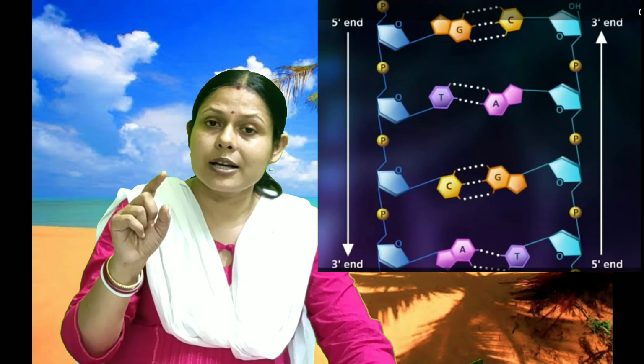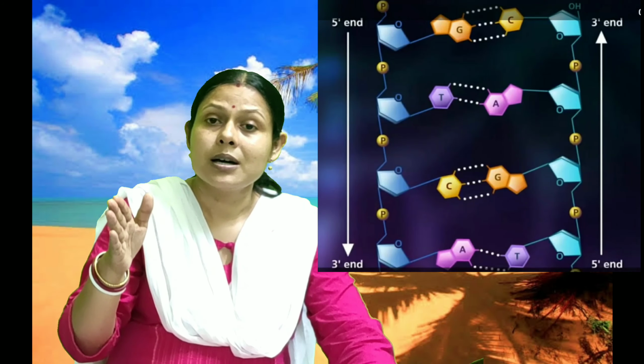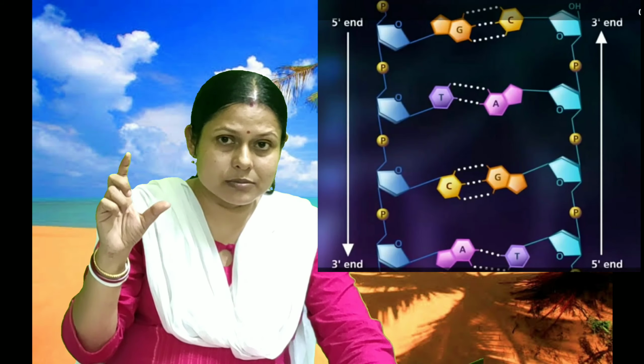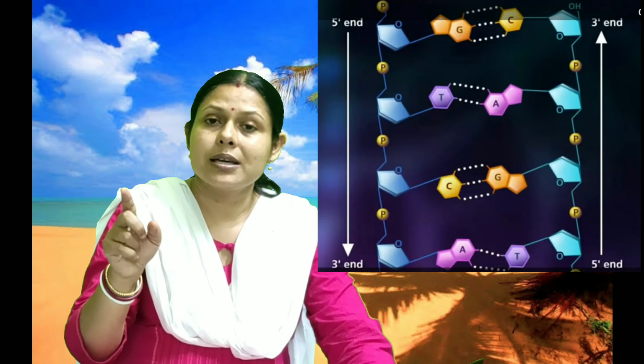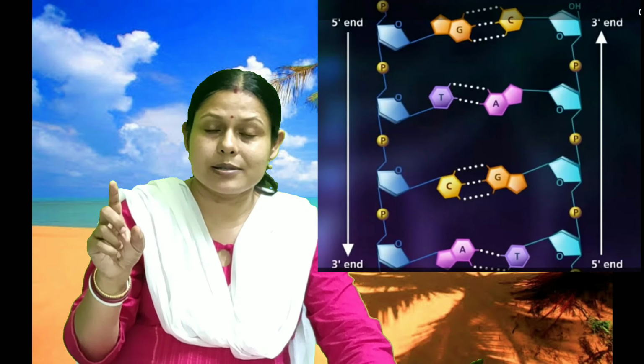Now what is this 5' and 3'? You should also know that in the pentose sugar, at the 3' carbon there is a hydroxyl group with which the phosphate group of the other nucleotide unit will make a diester bond. Okay, it will make a phosphodiester bond.